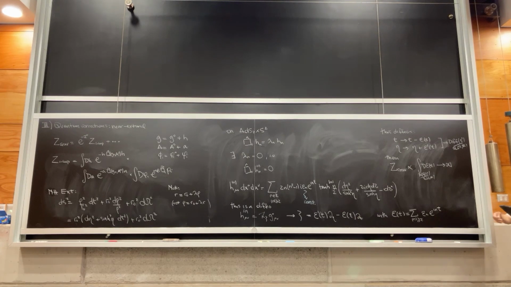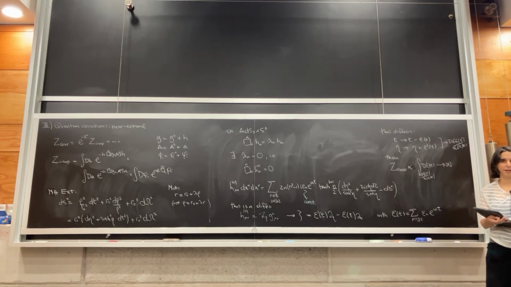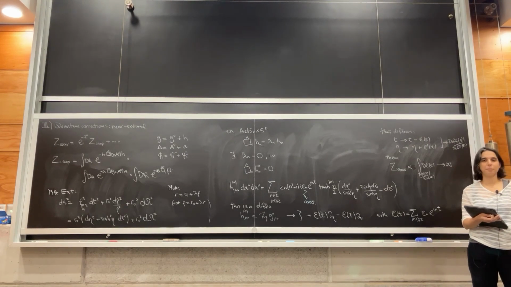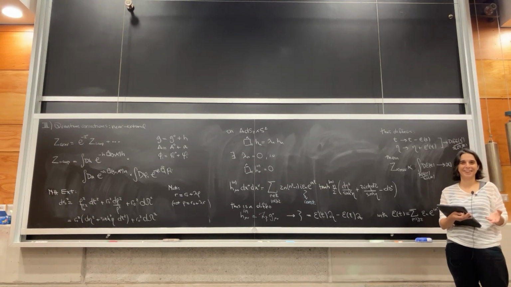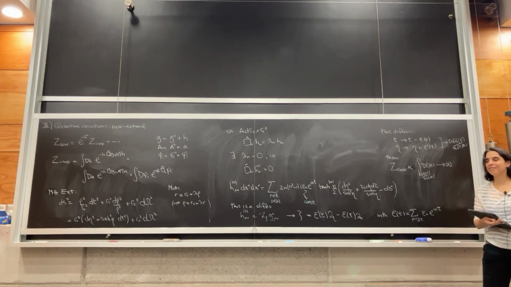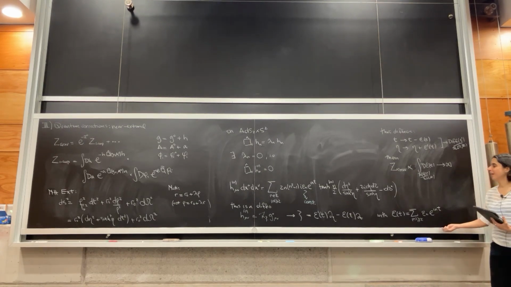So the point is, how do I regulate this, right? Because I don't want to claim that the thing is infinite. We should be able to understand how to regulate this. I don't want to just say I divide by this thing, because it is infinite, and you should have some understanding of what's going on.